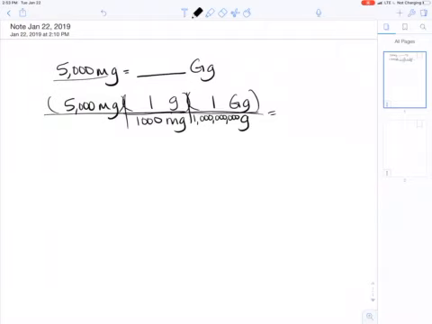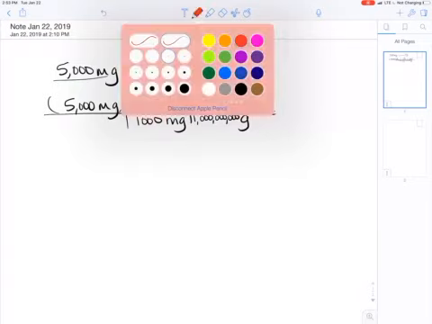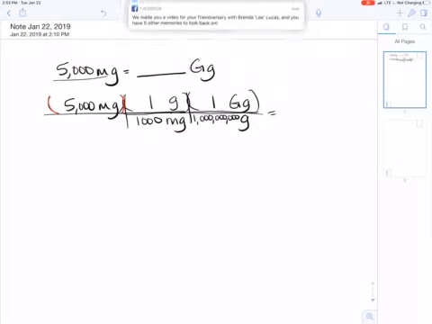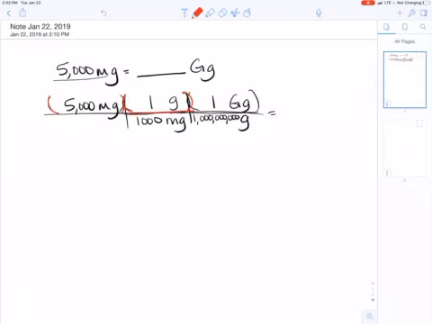All right, so you're going to multiply 5,000 times 1, right? Then you're going to divide by the 1,000. Then you're going to multiply by 1. Then you're going to divide by the 1 billion.